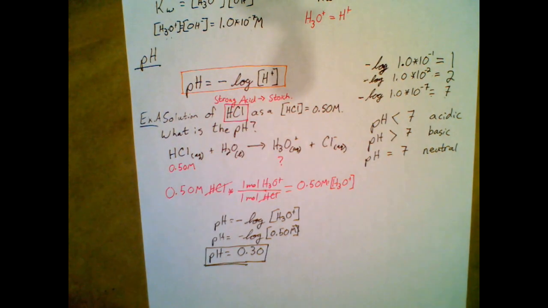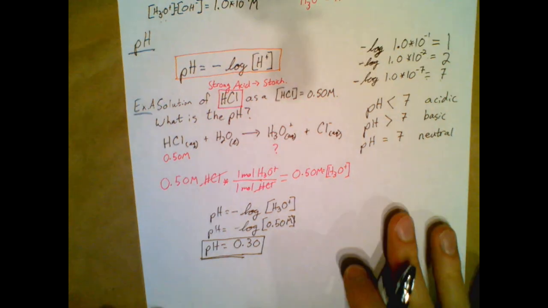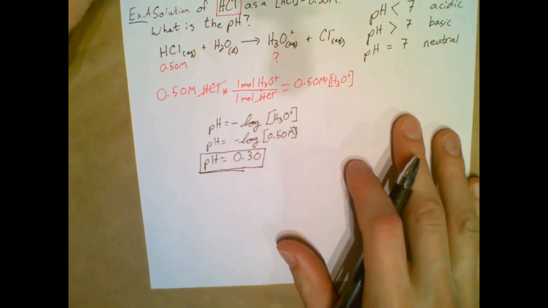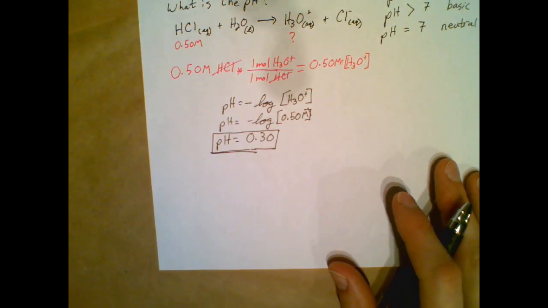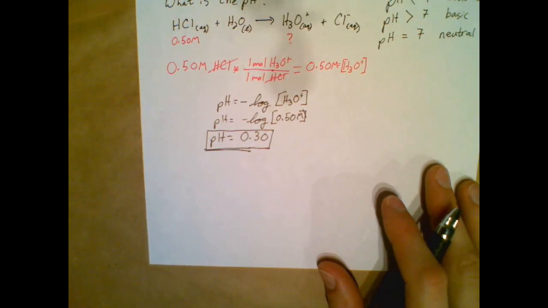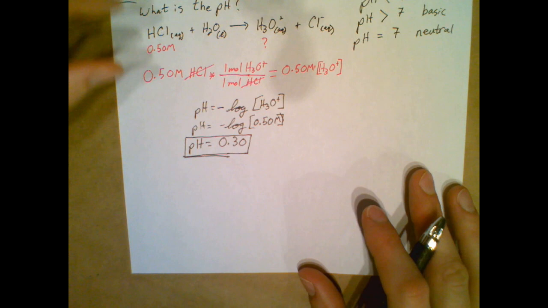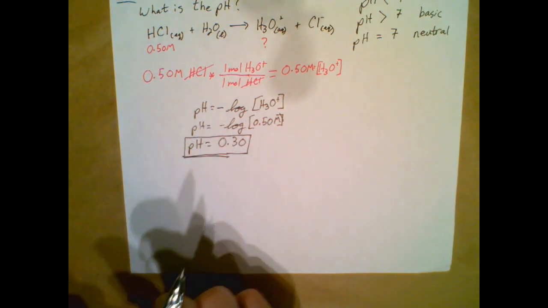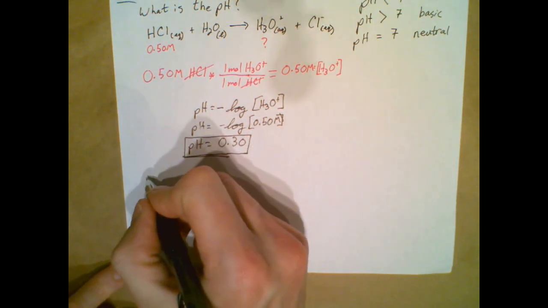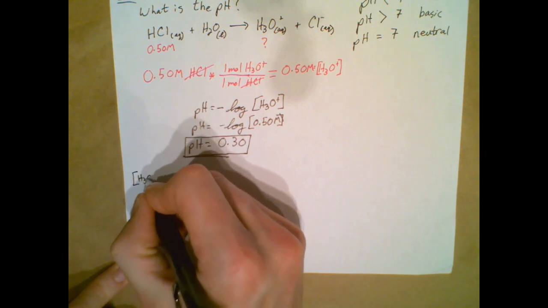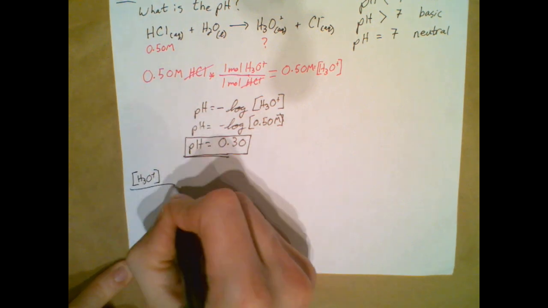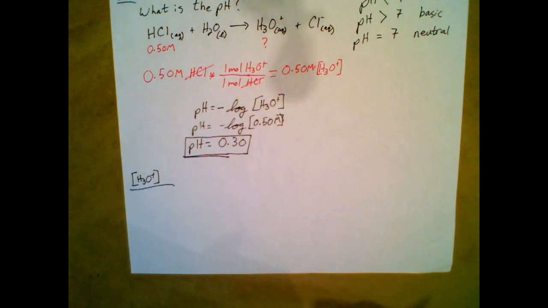We use that formula. But what if I know the pH and I want to know the concentration of H3O+? Well, if you are a math whiz, you probably already know this. But for the rest of us, there is a function called the antilog, basically the reverse of a log, to get rid of it.